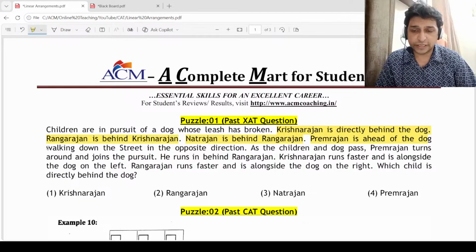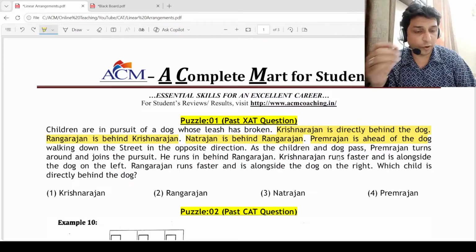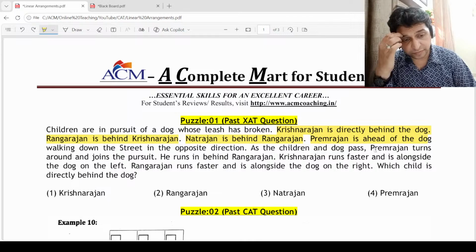So Premarajan is coming from this direction. And what does he do? As the children and the dog pass, Premarajan turns around and joins the pursuit. So he takes a U-turn. He runs in behind Rangarajan.